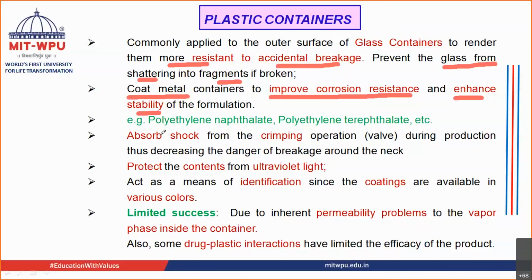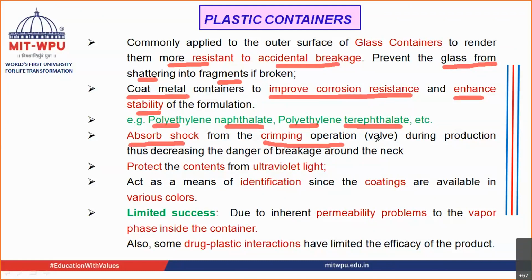The plastic materials that are usually used are polyethylene naphthalate and polyethylene terephthalate. These are the materials that have been used for coating of your glass or your metal container. This plastic coating also helps, as I told you earlier, to absorb the shock during the crimping operation.